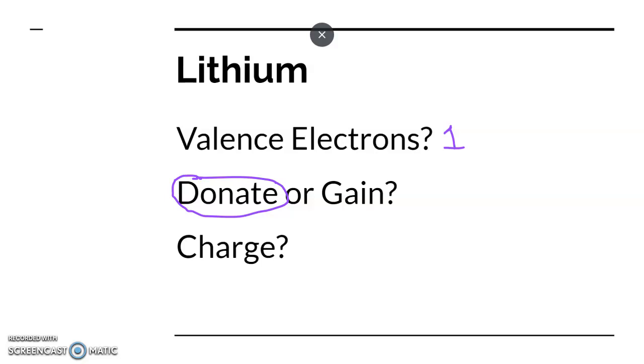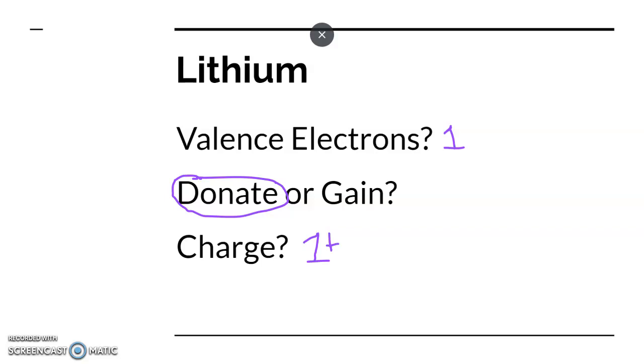Now the charge here, for the metals, the charge will be the number of valence electrons, but for the nonmetals, it won't be. So we need to make sure that we understand the charge and the valence electrons are not the same thing. The charge is based on how many electrons are donated or how many are gained. Here, because we're donating 1 electron, the overall charge of lithium is going to be 1 plus.